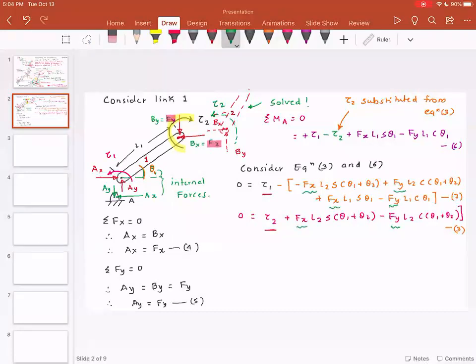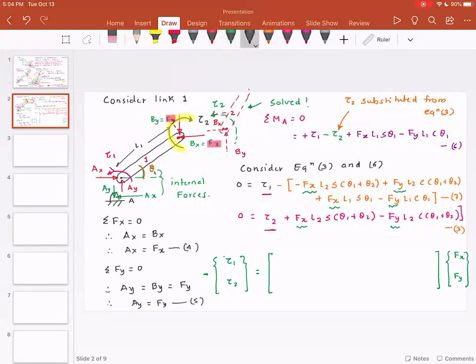For the sake of simplicity, I'm going to write it like this: tau 1, tau 2, and I would have a negative sign, is equal to a big matrix times f of x and f of y. Now I would pick up the terms.